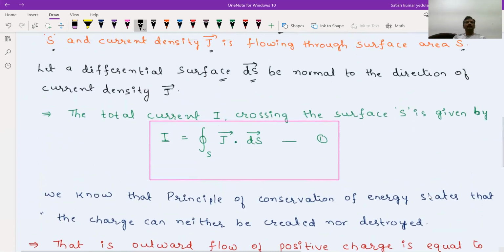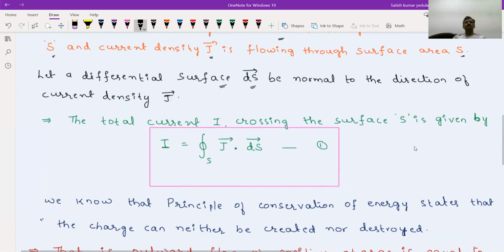Then the total current I crossing the surface S is given by the relation between I and J: I is equal to the surface integral of J dot ds. The unit of J is ampere per meter square and ds is meter square, so ampere per meter square into meter square will always give you current.